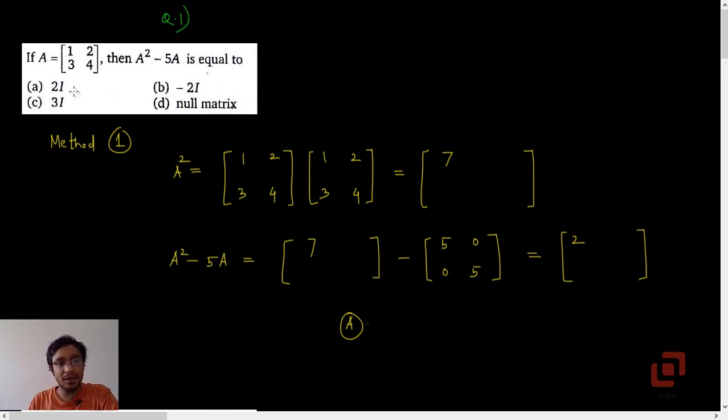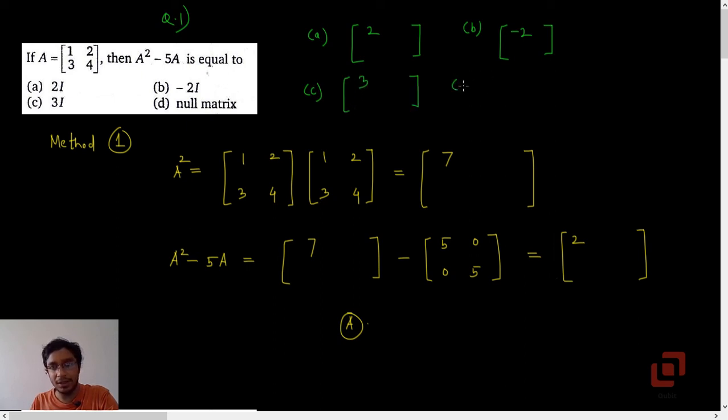For example, if we look at the four options here, in option A, which is 2i, the first element is going to be 2. In option B, which is minus 2i, this element is going to be minus 2. In option C, that element, that is A11, is going to be 3.